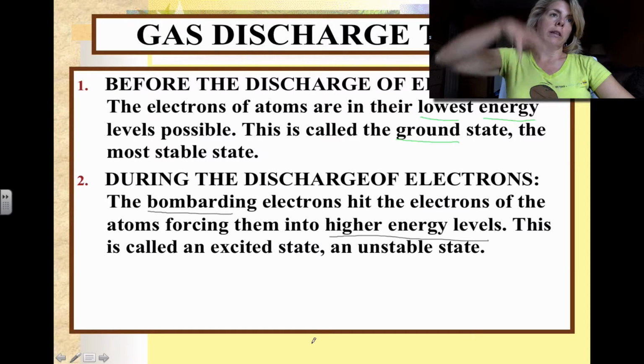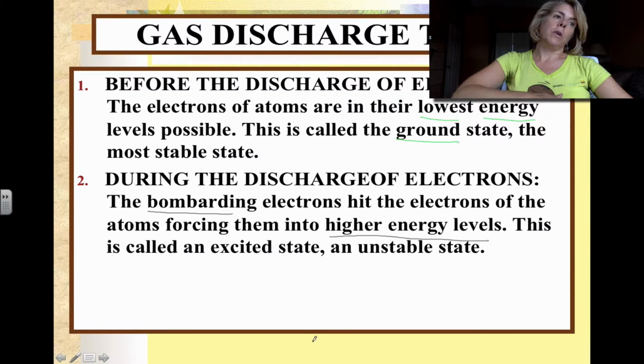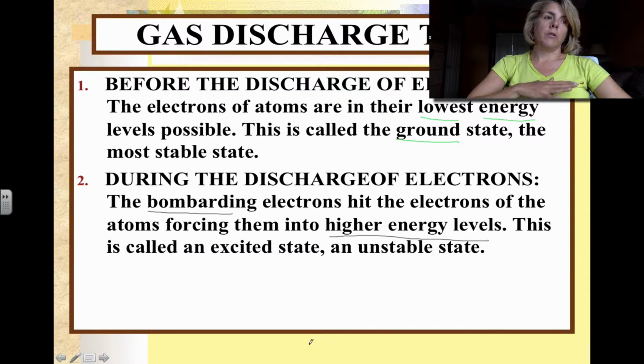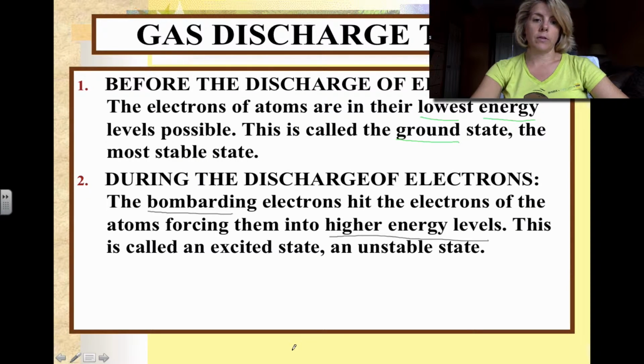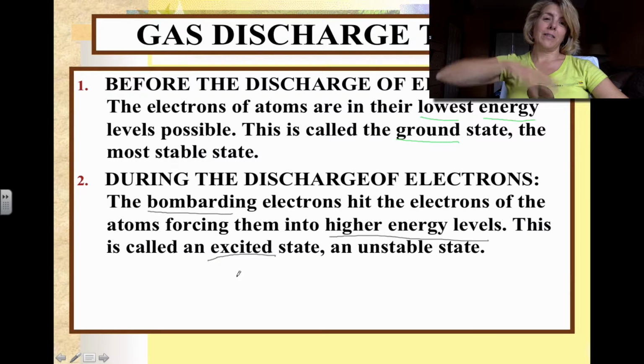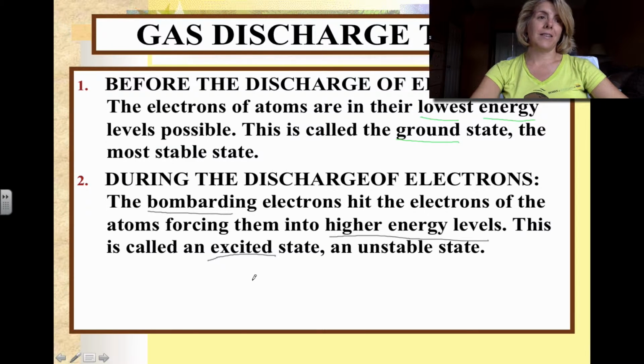Think of it like a ladder. You have the lowest rung of the ladder, which is your ground state. You electrify these electrons, they move up to a higher rung of the ladder, and they go into higher energy levels. This is what we call the excited state. So we go from the ground state to the excited state. It takes a lot of energy to go from the ground state to the excited state, and that's why it's unstable.